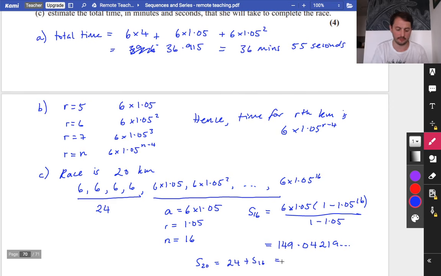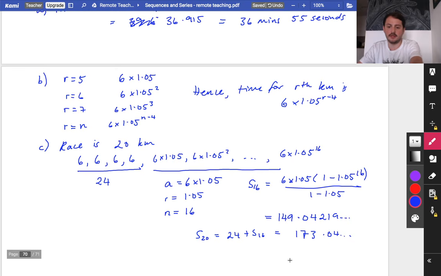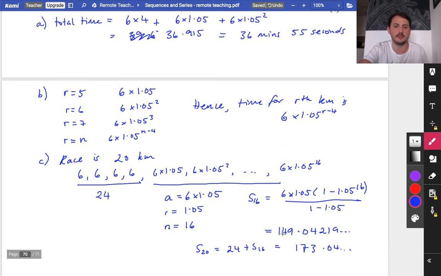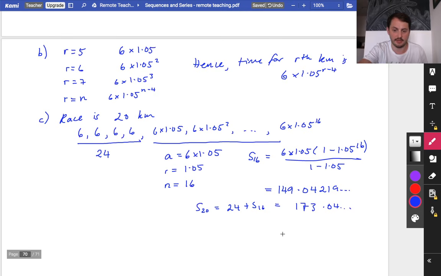I'm just going to add 24 on my calculator, which is 173.04. I'm going to press that little time button, that comma button, and that is going to change it into minutes and seconds. Well, I've got it as 173 minutes and 2 seconds.